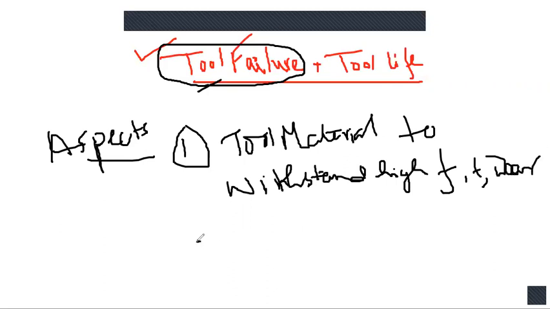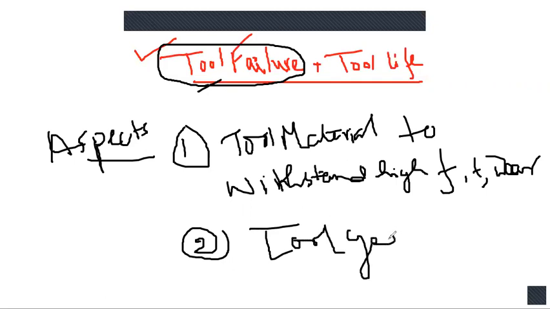This is our first. The second one is tool geometry. I have already told. Tool geometry, if we don't choose the proper tool geometry for proper cutting operation or proper job material, then the tool becomes fail.